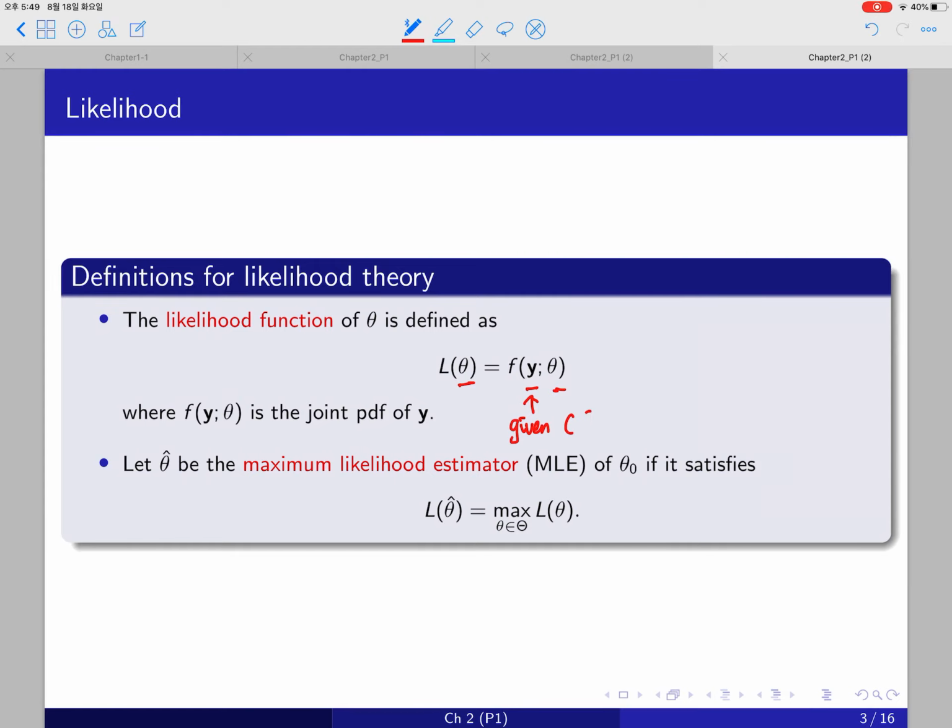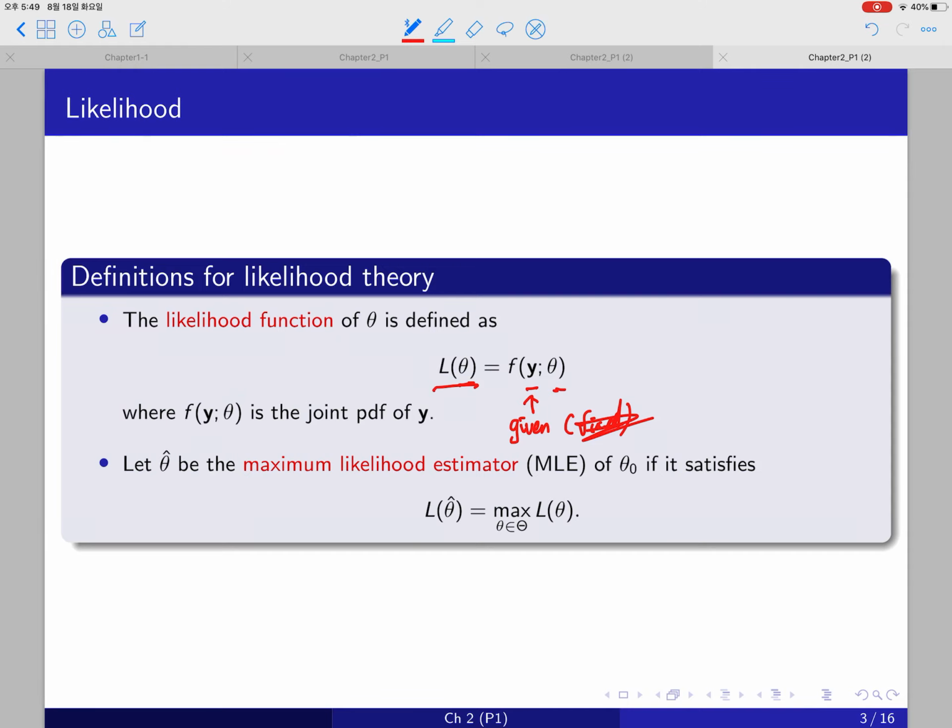It's fixed, but we will view it as a function of zeta.